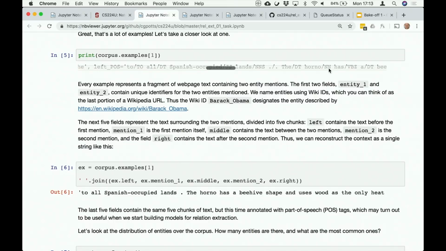And again, the parts of speech have been generated by an automated system, by a model. You don't need to worry too much about the meaning of the different parts of speech. They come from the Penn Treebank annotation scheme. There's about 40 or 50 different categories. You can sort of figure out what they mean. NN means noun. NNS means plural noun, things like that. But you probably don't need to worry too much about what the specific things mean.